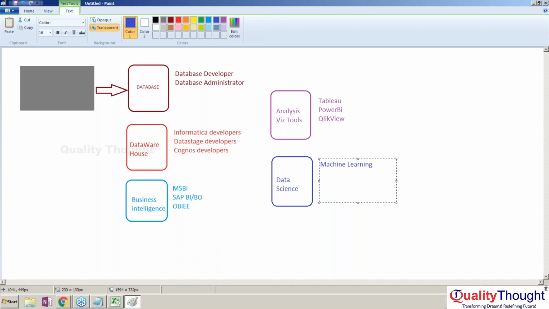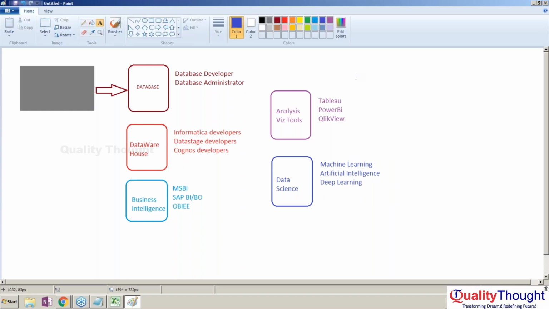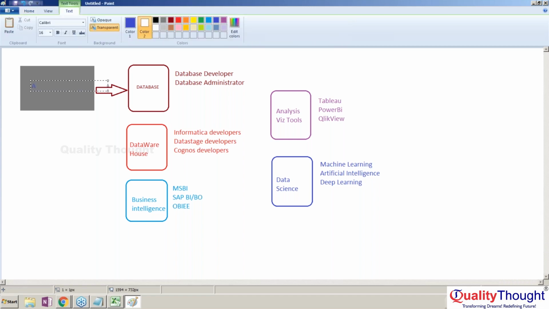Data science is a field of study which includes machine learning, artificial intelligence, and deep learning, all this kind of stuff. Did you get the idea, guys? These are all data related designations, only data related. This is just for the sake of application.